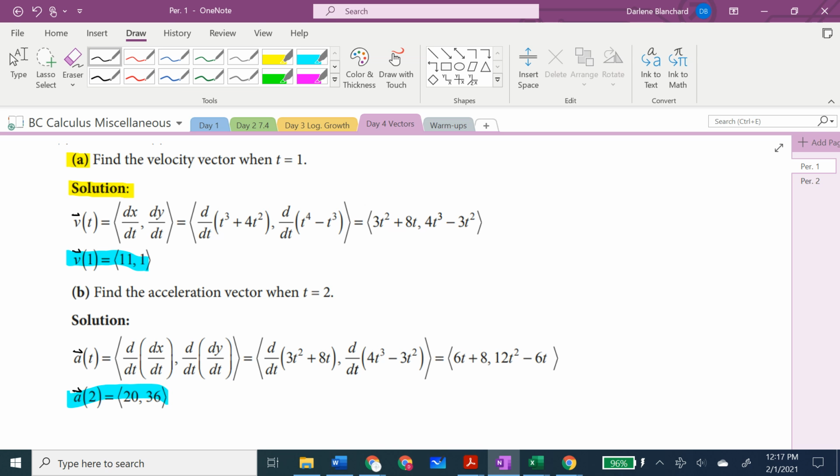Also, most calculus textbooks don't present vector motion in the way that BC Calculus presents it.